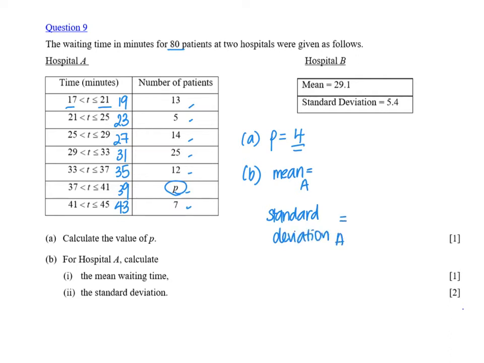Okay, and the answers will be, I got the mean to be 29.9 minutes as the waiting time, and the standard deviation will now be 6.8695, and rounded off I have 6.87 minutes for the standard deviation. Do you get a similar answer?